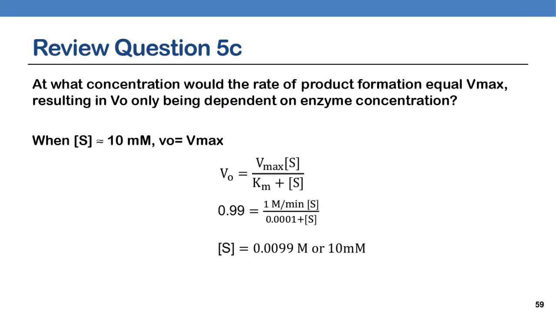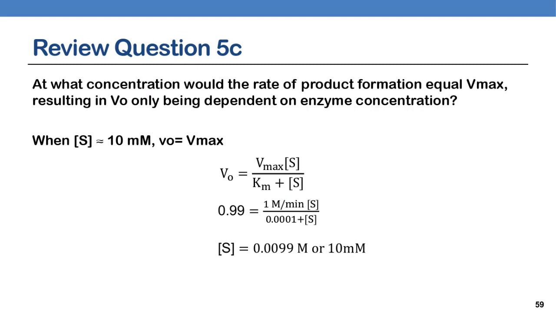So what I did for this is, again, you're never going to reach your Vmax. So I did, let's say 1 for our Vmax and 0.99 for approaching that Vmax for our V naught. This is going to be about 10 millimolar based off of our km value that we're given for this question. But as you guys did, you could have put in km for that and determined it from there.